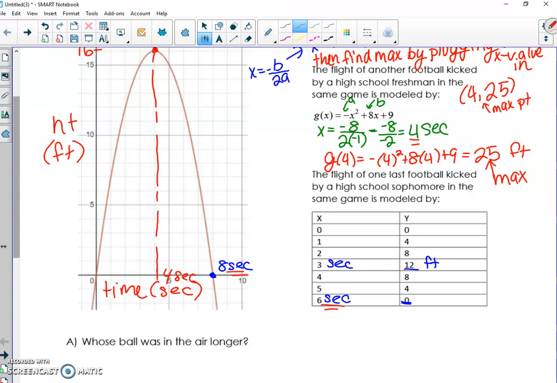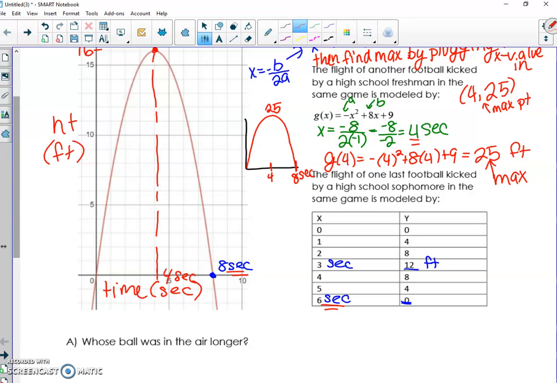That's halfway. So if it's 4 seconds, and you can even draw it, right? The maximum here would be at 4, and then we'd be up here at 25, right? And so that's halfway. So that means it hits the ground at 8 seconds because it needs another 4 seconds, right?